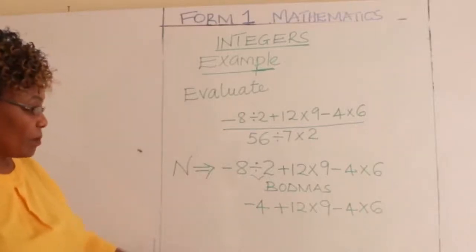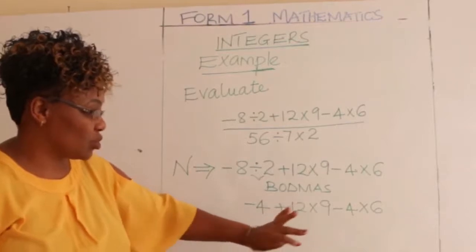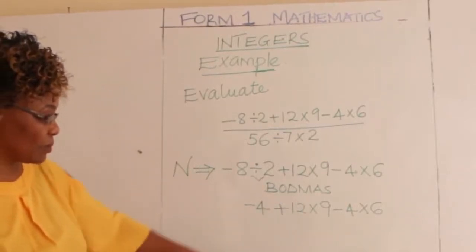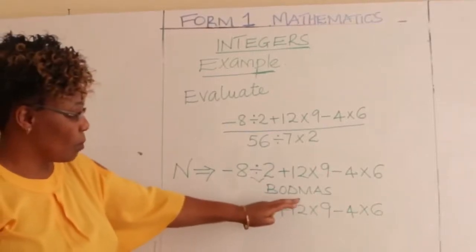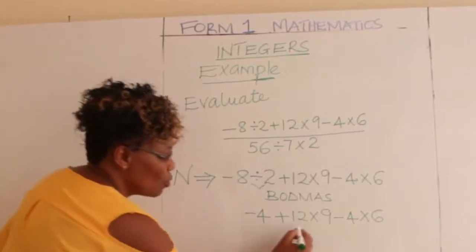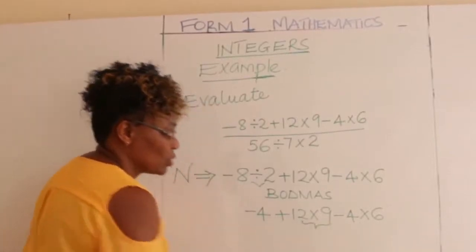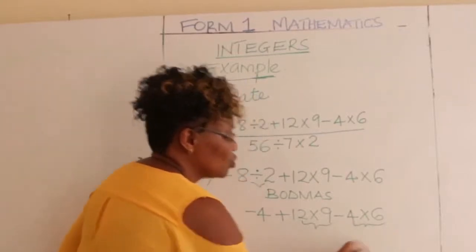Good. From there, you look at it again. You have plus, you have multiplication and subtraction there. What do you go to? You go to multiplication. So you multiply this out, and also these other two.